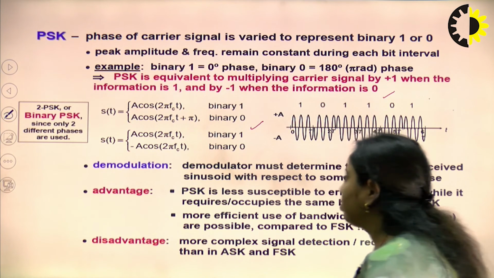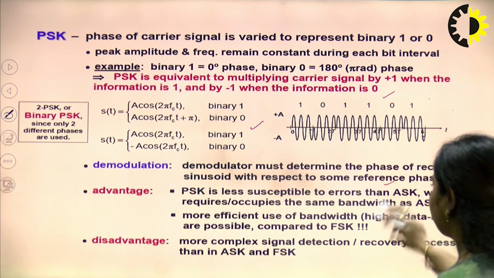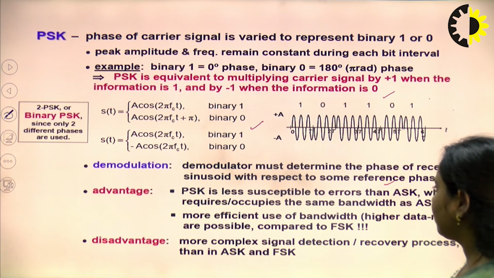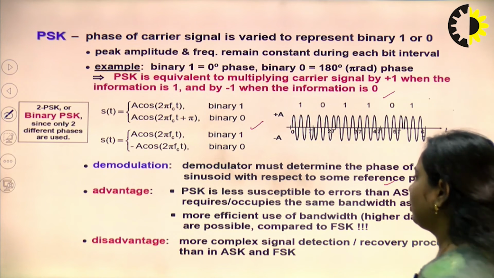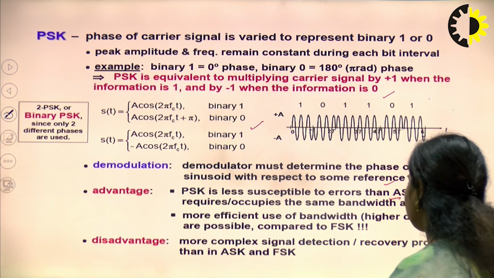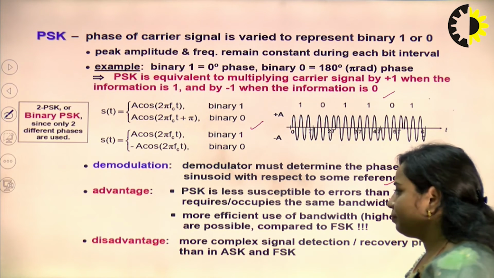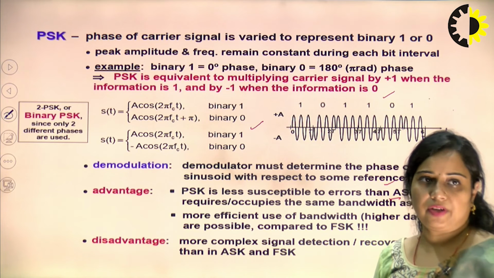So, for demodulation, the demodulator must determine the phase of the received sinusoid with respect to some reference phase. Advantage of PSK is it is less susceptible to noise and error than ASK, because we are just dealing with the phase.